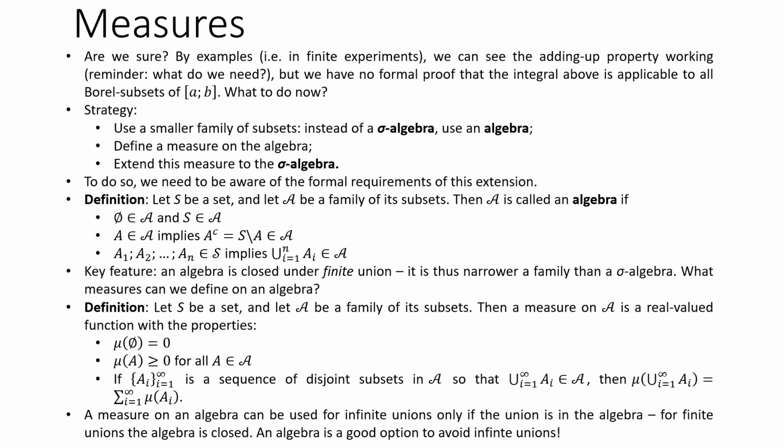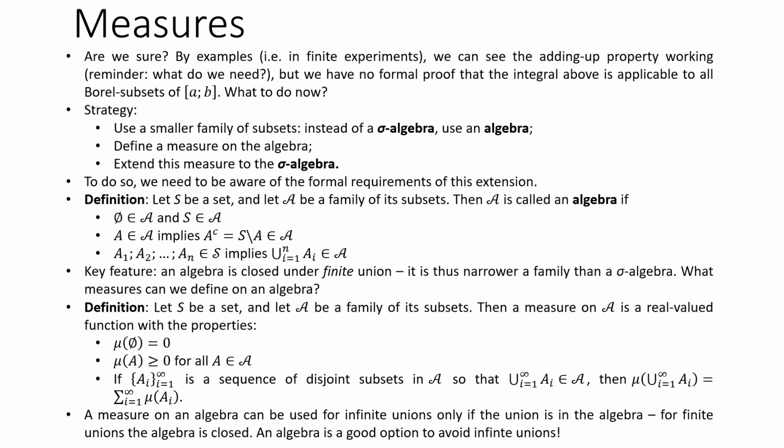We have a strategy of 3 steps. First, we will use a smaller family of subsets instead of a sigma-algebra, which can be too big a family to work with. So instead of the sigma-algebra, we will use a smaller family of subsets called an algebra.